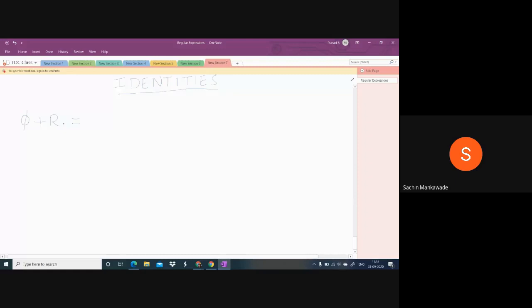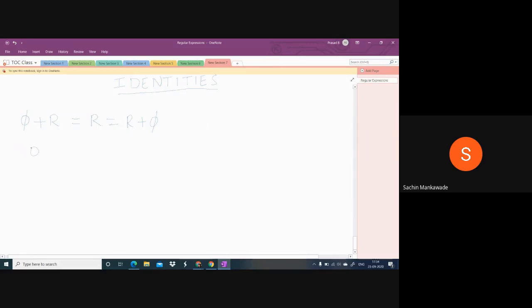Phi is equal to 0 in decimal representation. Suppose if we add 0 to any other number, like 0 plus x is x, 0 plus y is y, like that. So phi plus any regular expression r is r. The same, r plus phi is also r.